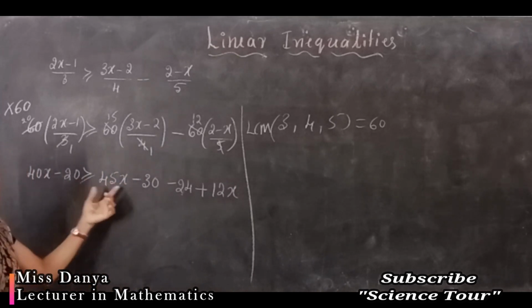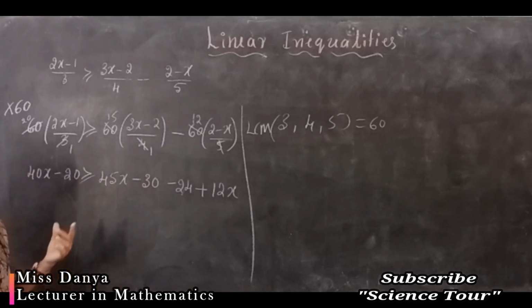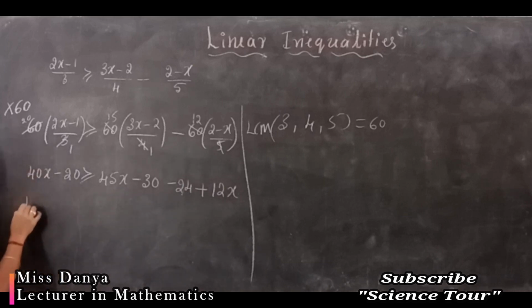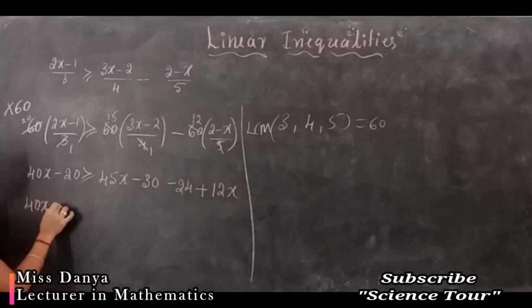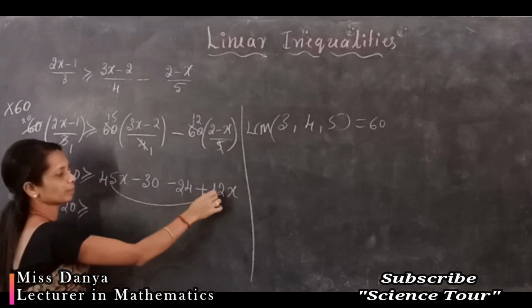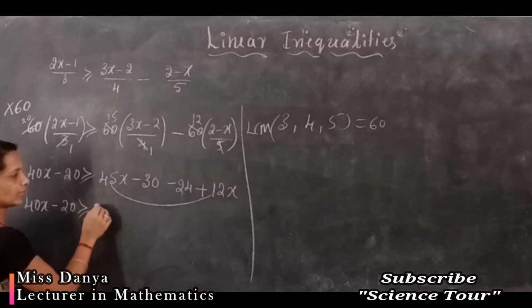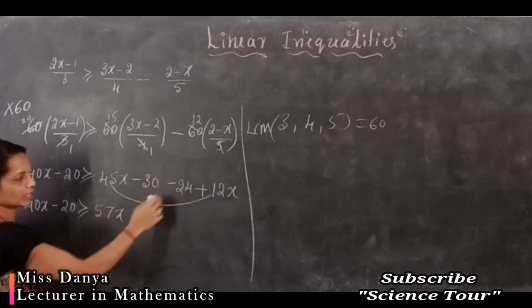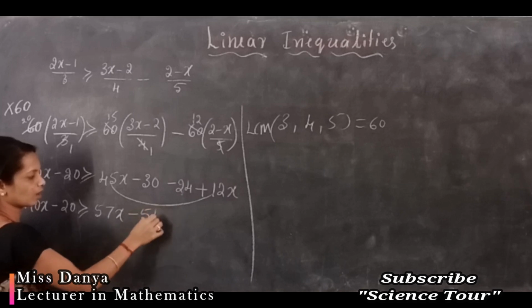Then simplify this by adding the like terms and numbers. The left side you keep as it is, 40x minus 20, greater than or equal to 45x plus 12x, that is 57x, then minus 30 minus 24, that is minus 54.